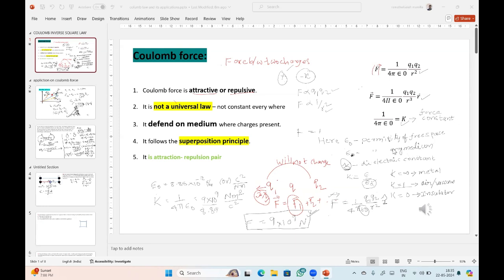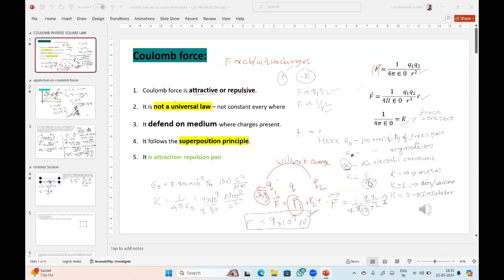Epsilon is the permittivity of any medium. The K is called the dielectric constant, and this K and the Coulomb constant K are different. The dielectric constant is the ratio of the permittivity with respect to free space. It tells how much the field is more or less compared to the air medium.